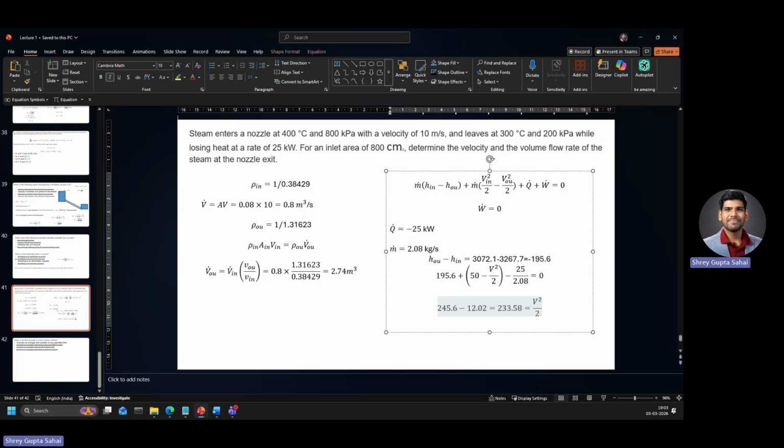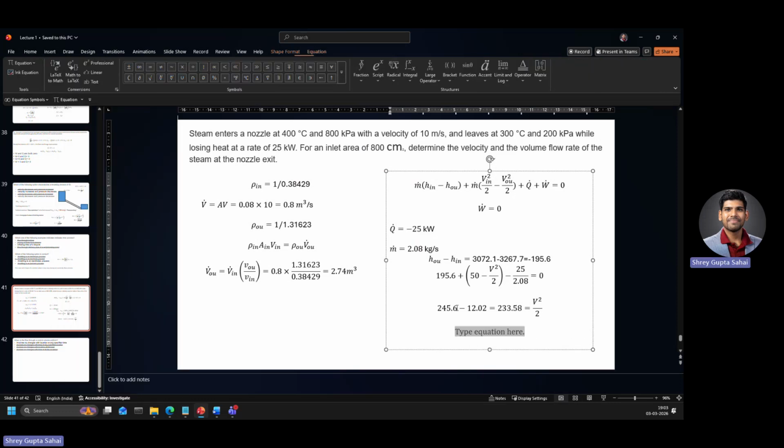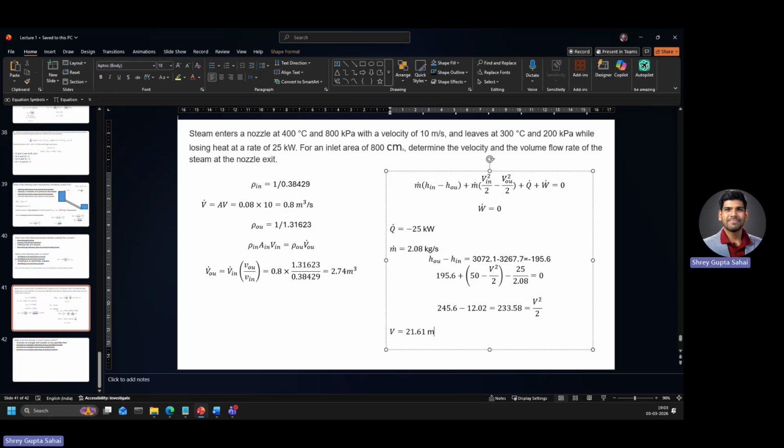V comes out around 21. According to my current calculations, V is around 21.61 meter per second. This is what I should get, but let me check if I've done this correctly or not. I have not done it correctly.